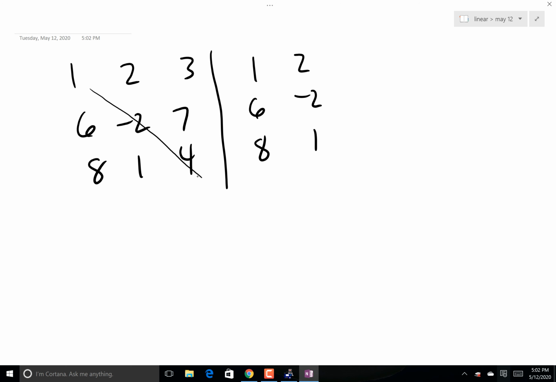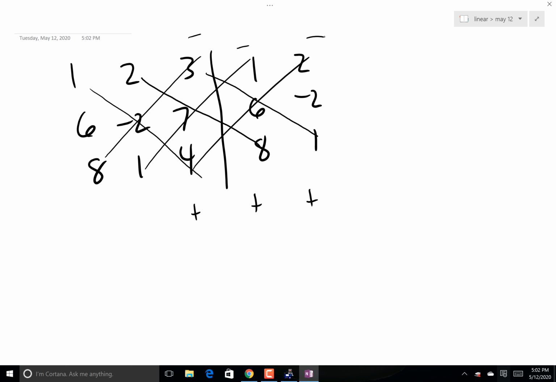You multiply these guys, and then these guys, and these guys, and then you subtract these ones, and those ones, you get the exact same thing you had before. And again, it only works because you ended up with A times E times I, which is A, E, and I right there. You with me?